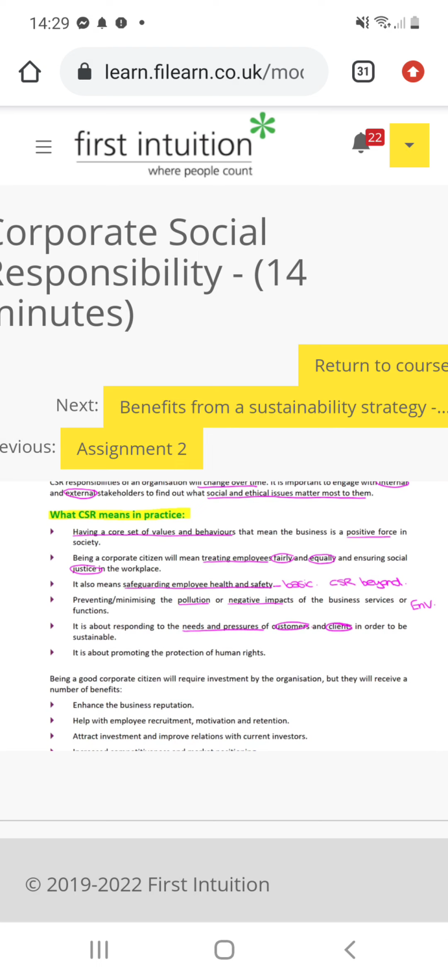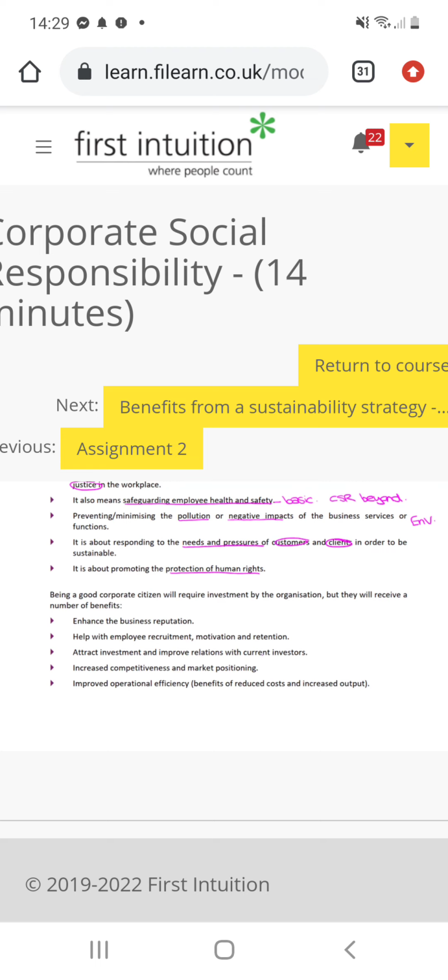If we as an organisation become more sustainable, it might be that we can gain more customers and more suppliers in our supply chain who also want that as well, having the CSR attitude. And it's about protecting and promoting human rights as well, recognising that we impact not just on employees, customers, clients, but on society and those around us as well.